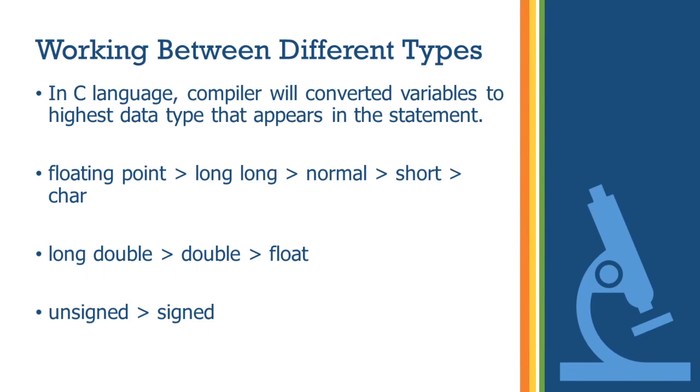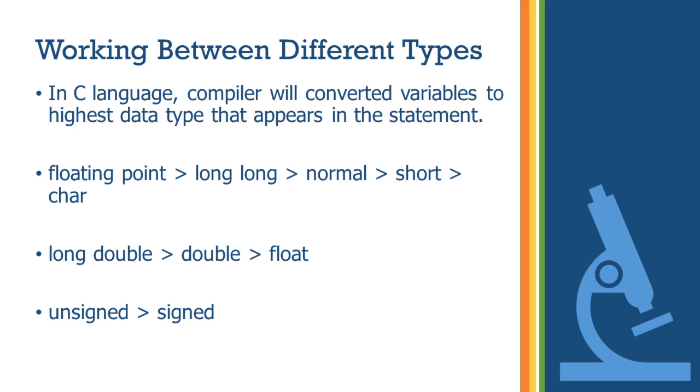Maybe you'll have some questions about how the program works between different types. In C language, the compiler will convert variables to the highest data type that appears in the statement. The highest data type means the data type that can contain the greater max value.